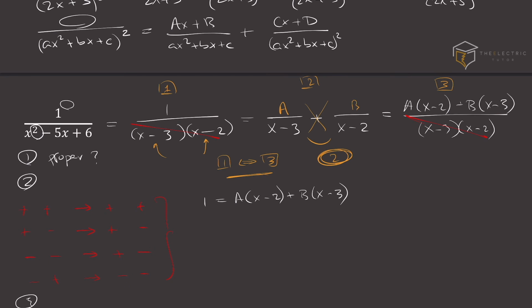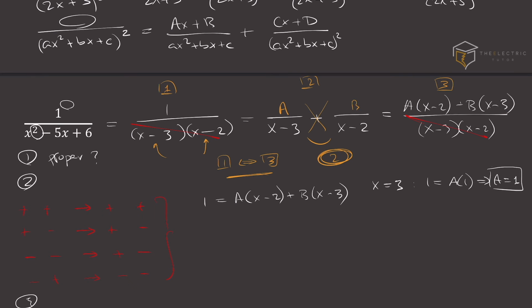This is going to be really easy because I can just substitute or plug in values for x in order to achieve this. So let's say that x is equal to 3, and what's going to happen there is that the b is going to cancel, and I'm going to be left with 1 equals a times 3 minus 2, which is 1, and therefore a is equal to 1.